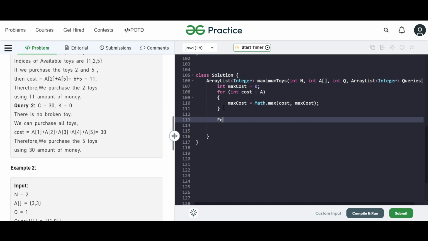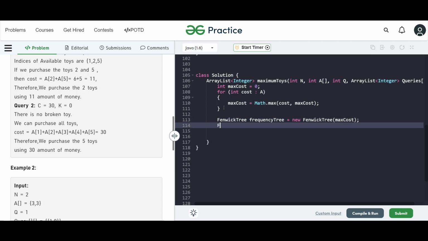Now we'll build two Fenwick trees or two binary index trees, one for the frequency and one for the amount. So we go, let's call it frequency tree equals to new Fenwick tree of size max cost, and another one called amount tree of size max cost again.